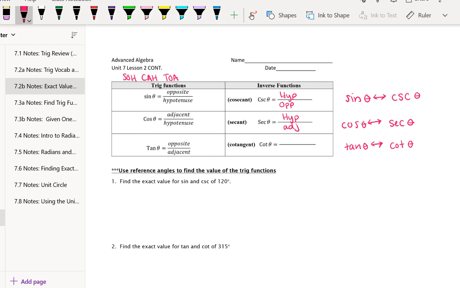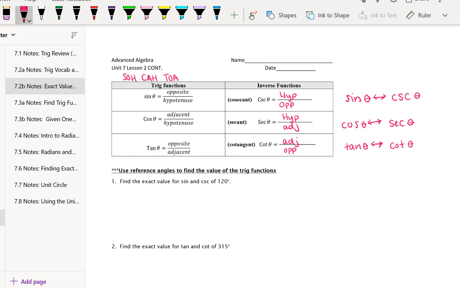And tangent is opposite over adjacent, so cotangent is adjacent over opposite. Okay, so we just reverse. It doesn't really make a nice word, so we can't use a mnemonic. So essentially we refer to the SOHCAHTOA and then flip it.